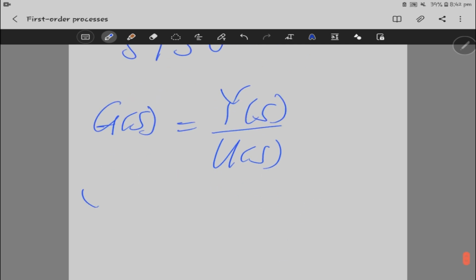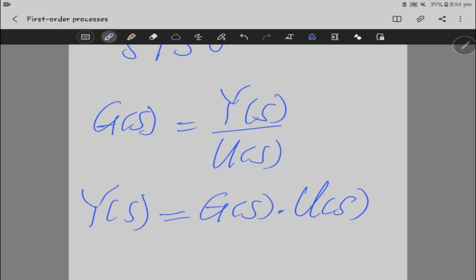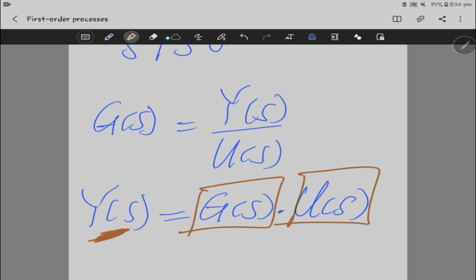That would mean that if you want to find the Laplace transform of the output function, and you have the transfer function, you can multiply it by U of s. So this is the output function in Laplace transform, this is the transfer function in Laplace transform, and this is the input function in Laplace transform, right?